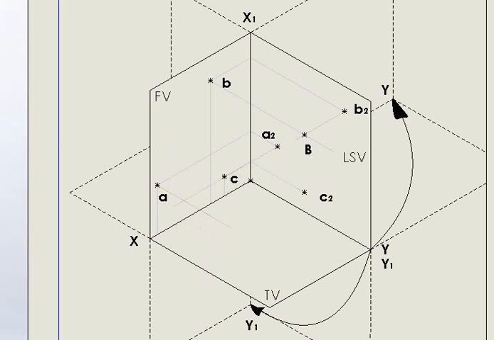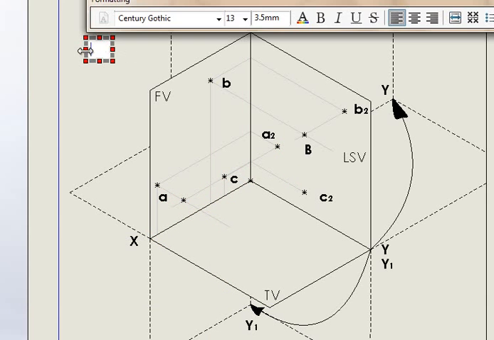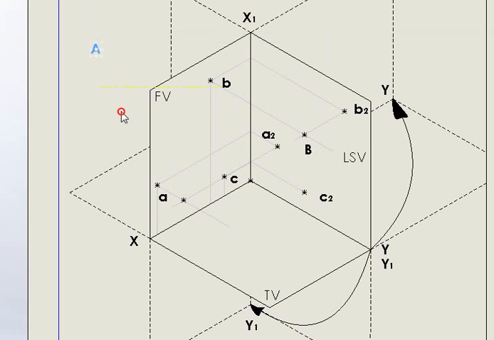There's an intersection point over there, and yet again I have found my final point, or the suspended point, A. Alright, so let's label that point A over there.